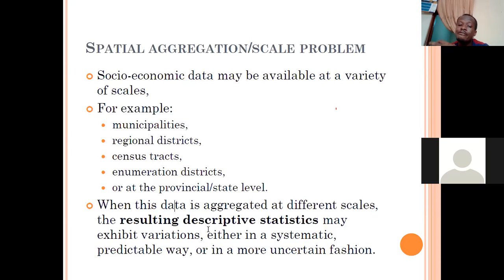In other words, the average income for Ashanti region is different from the average income of people that live at Ahonjo, because that's where the rich people in the Ashanti region probably are. So the resulting descriptive statistics will exhibit variation either in a systematic, predictable way or in an uncertain fashion, whichever way it goes.